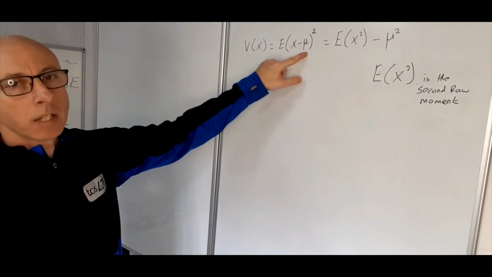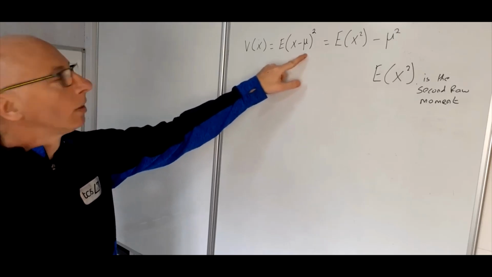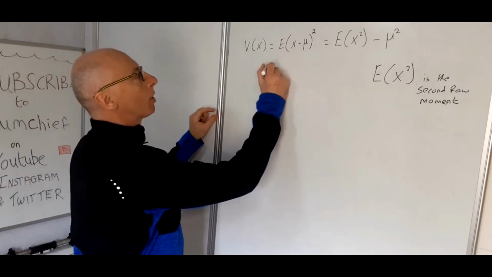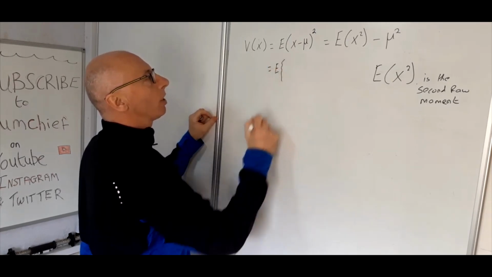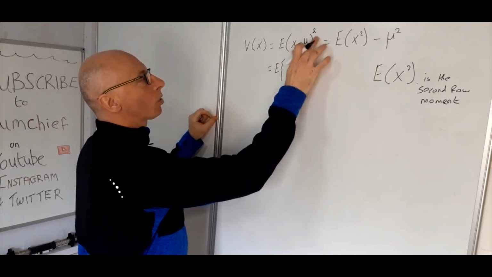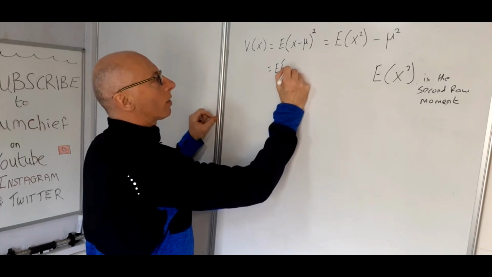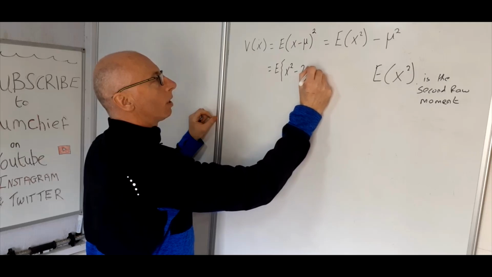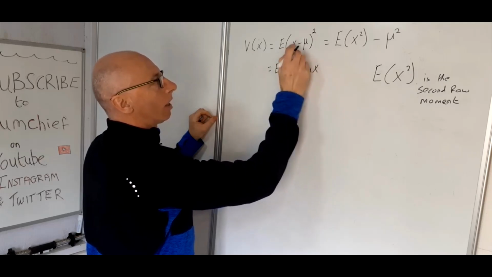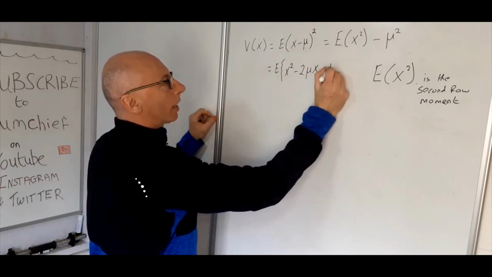Well, let's expand this out using FOIL, good old elementary mathematics, and let's see what happens. So now we've got the expectation of (x minus mu) squared. That will give us x squared minus 2 mu x, and then the mu squared at the end.